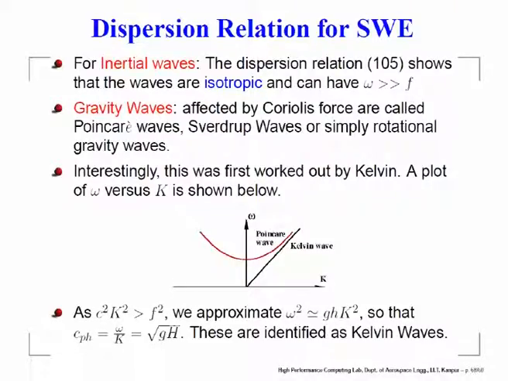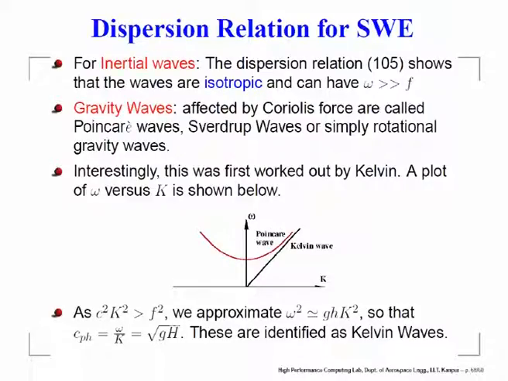This work was done first by Kelvin. So, at least as an afterthought, people have decided to call the large k limit solution the Kelvin wave. You know, this is a very interesting topic. Somebody does the work, somebody else gets the credit. For example, Bernoulli's equation was never written by Bernoulli, it was done by Euler.